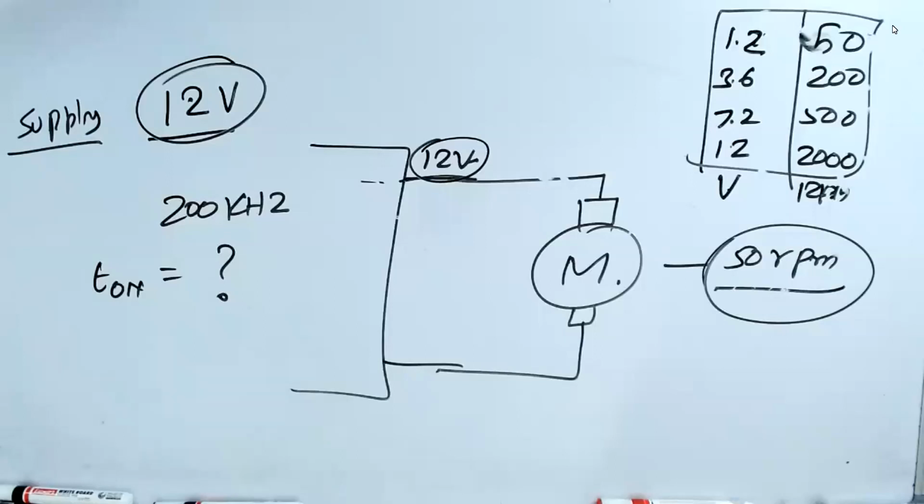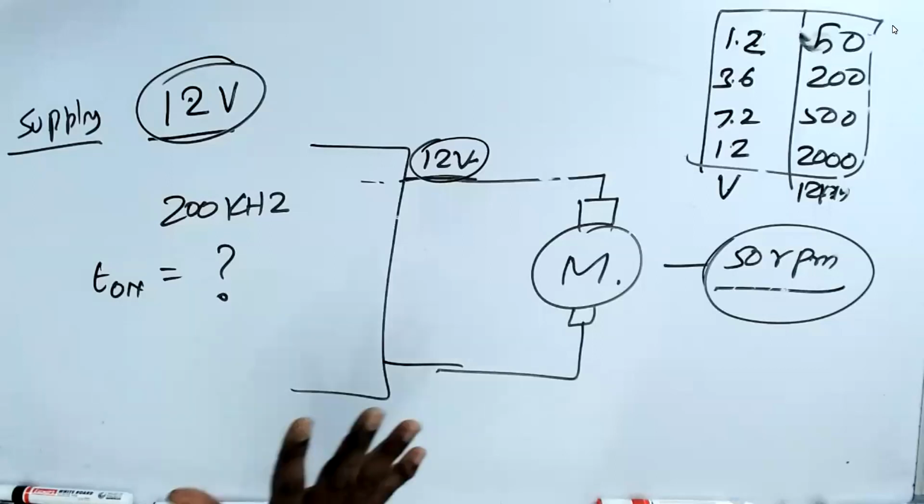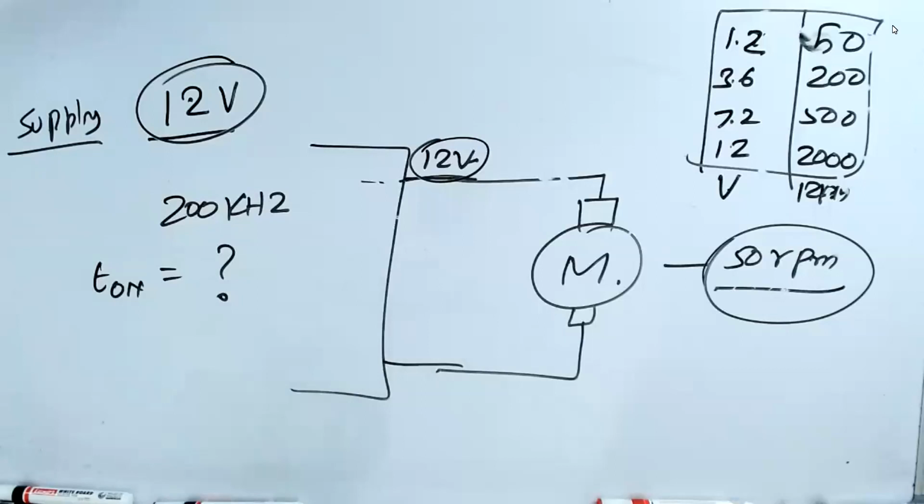I don't know what method you use, same method. I'm giving you the information. I want the T on time. You can use any method.